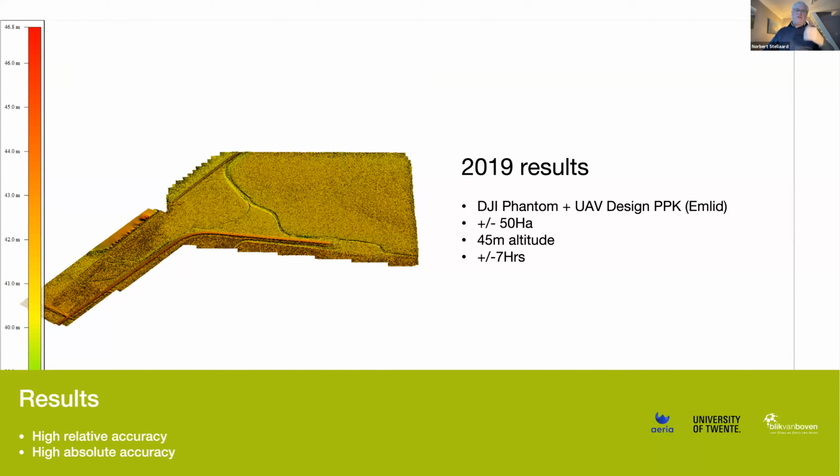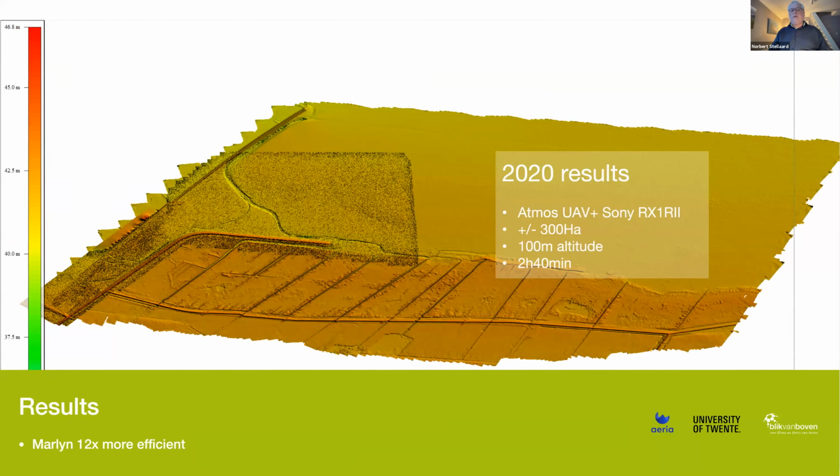Last year, in 2020, we did the same field, but then we brought Marlyn with us, a vertical takeoff and landing system. And then we get this. We had as a payload the Sony RX1R II, a 42 megapixel camera. That meant we could fly at a level of 100 meters altitude instead of 45 meters.